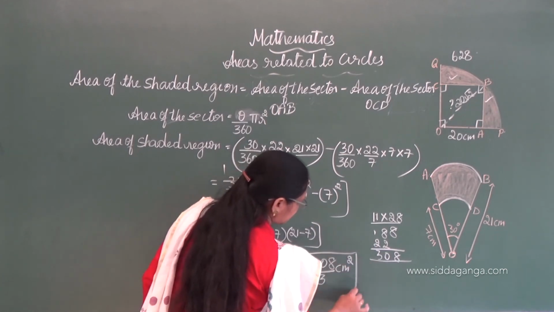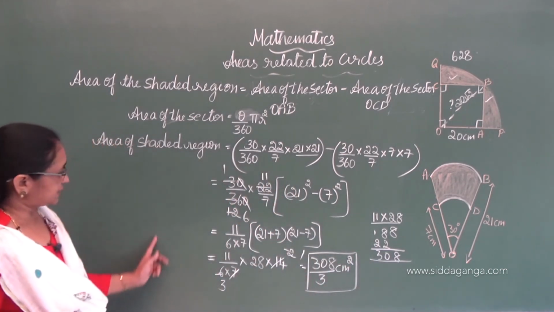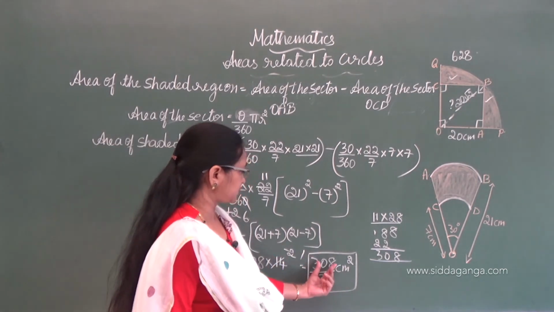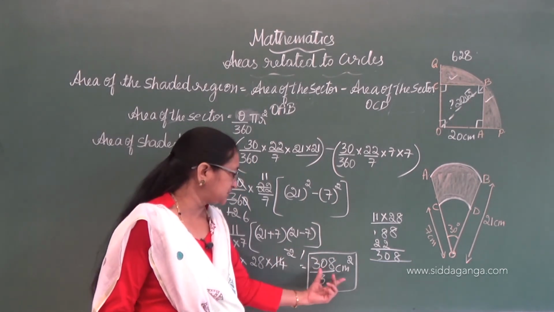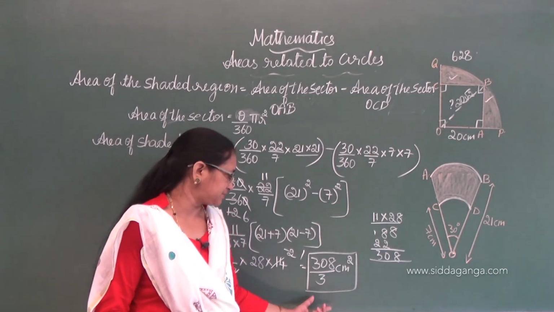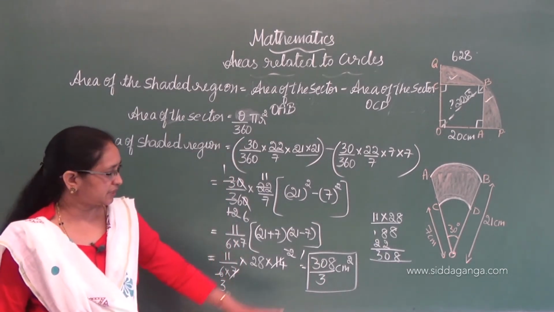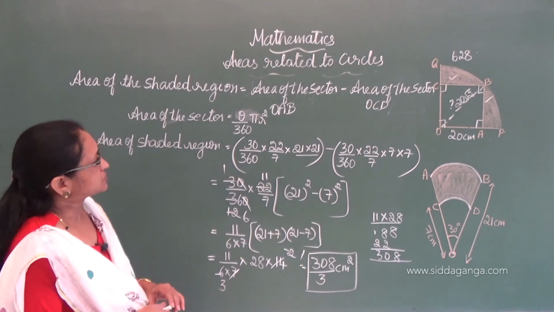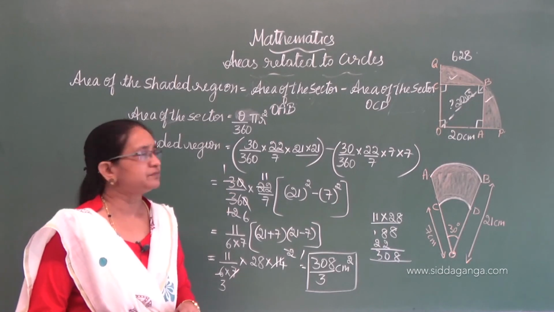So this is the answer. The area of the shaded region is 308 divided by 3 centimeter square. You can put it in decimal form also, or keep it as it is. I hope you understood this problem. This is a very simple problem.